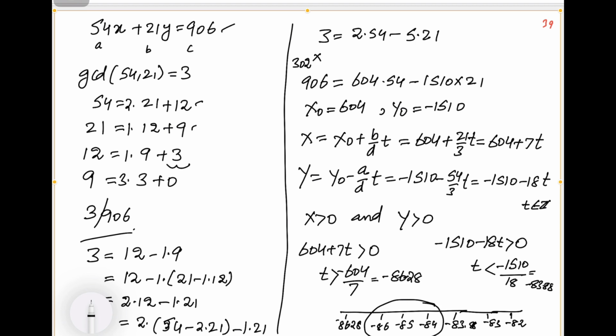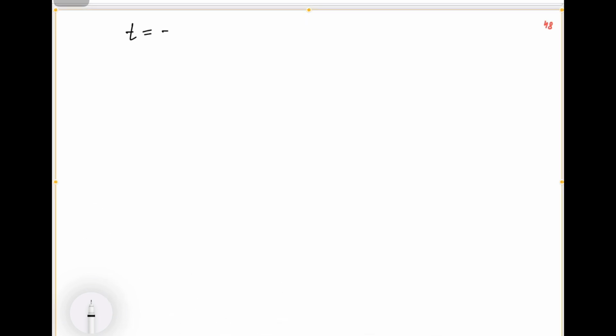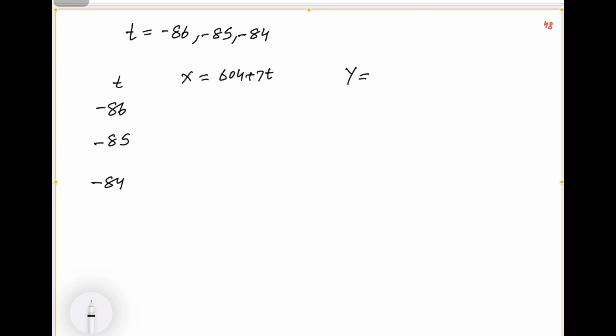So the required values are three values of t. So we get t is equal to minus 86, minus 85, minus 84, and x is 604 plus 7t, and y is 1510 minus 18t. So putting minus 86 first, 604 plus 7 times minus 86 comes out as 2, 1510 minus 18 times minus 86 comes out 38.